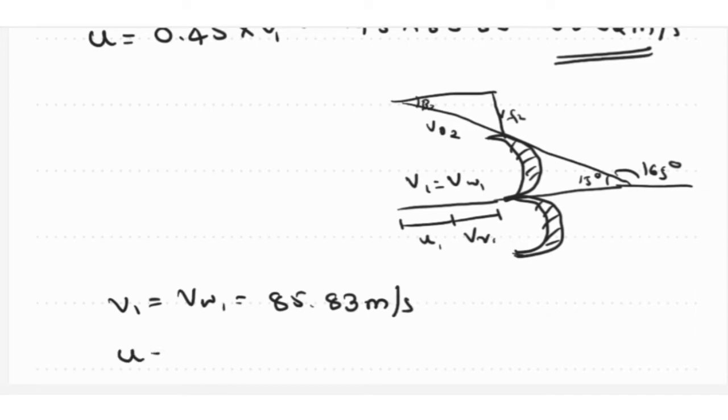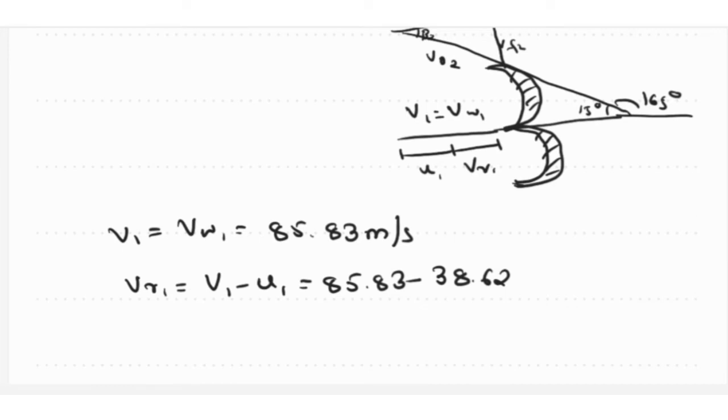Then we can calculate VR1, which is equal to V1 minus U1, so that is 85.83 minus U, which you got as 38.62. If you solve it, we will get VR1 is equal to 47.21 meter per second.